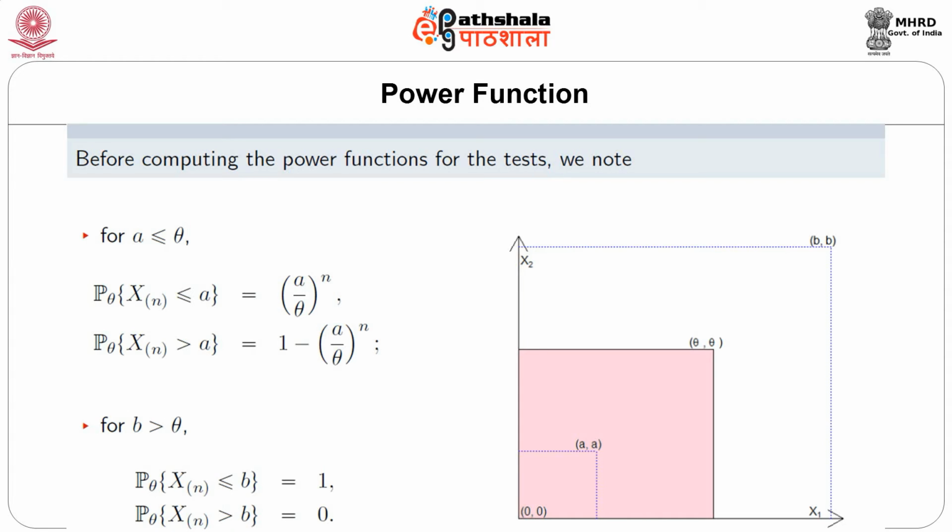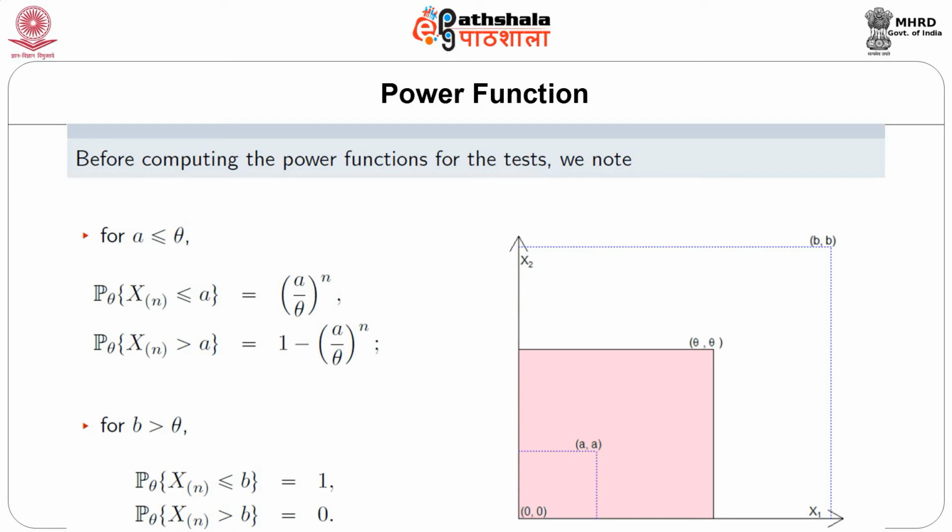And if b is greater than theta, then the probability that x order n is less than or equal to b is 1. Why is this 1? Because the probability that x order n is less than or equal to theta is 1, and the probability that it is greater than theta is 0.